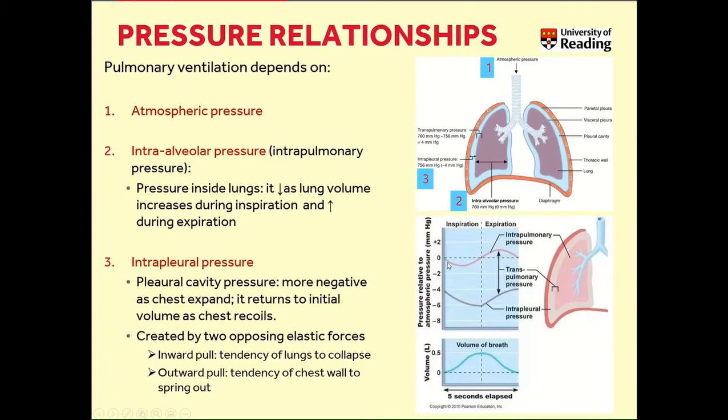As you can see, the intrapulmonary pressure in relation to atmospheric pressure at the start of the inspiration will be equal to 0. The intra-alveolar pressure will be 760 millimeters of mercury, so it's going to be equal to the atmospheric pressure, so the difference will be 0. And the intrapleural pressure will be -4. Both pressures will decrease during the inspiration, but will return to more positive values during expiration.